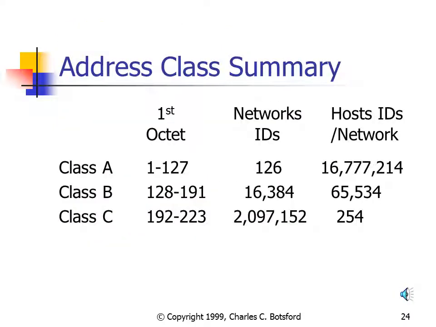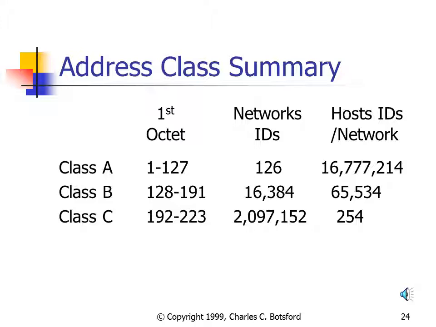Our address class summary lists the different address classes and the number of possible network IDs in each address class and the number of host IDs that each network ID provides. Now, there are 126 possible Class A network IDs. Each Class A network ID can support over 16 million different host IDs.